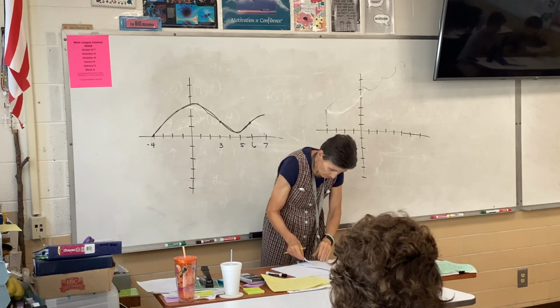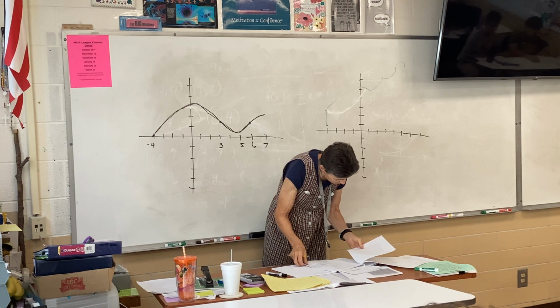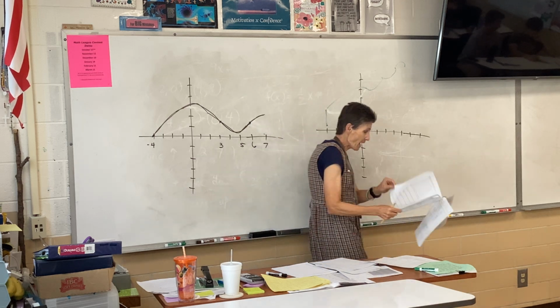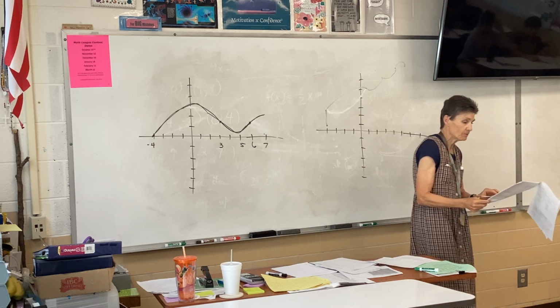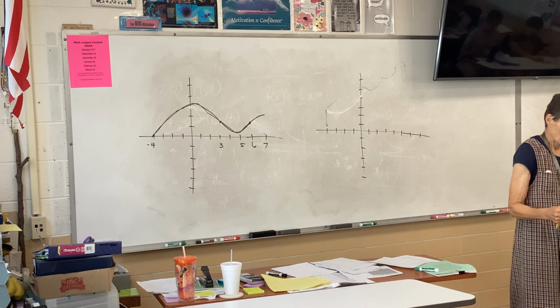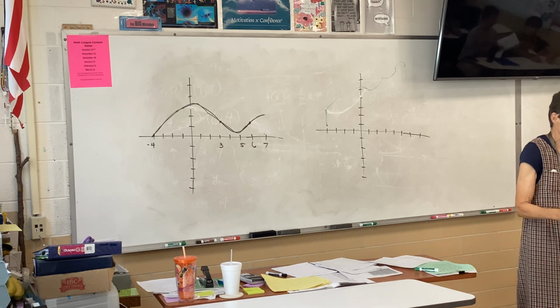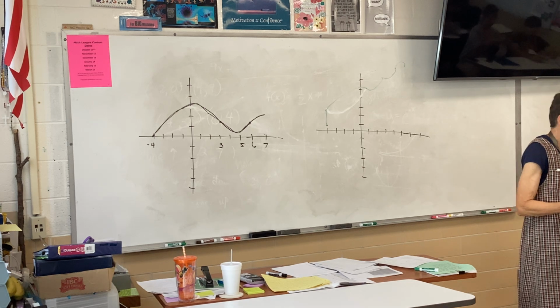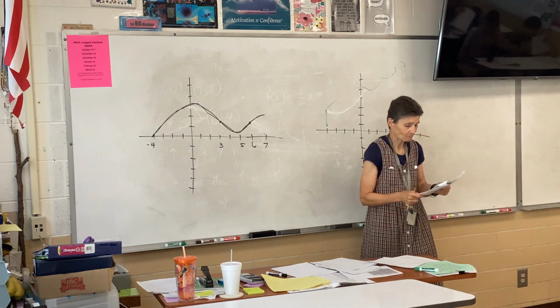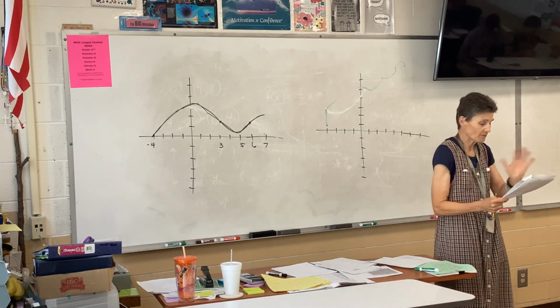I always put in supplemental stuff. You may or may not do all of it. I want to look at the back of the page, how does the food industry set prices? The back of that page, yes. Because I want to talk about interpreting the graph in real life.